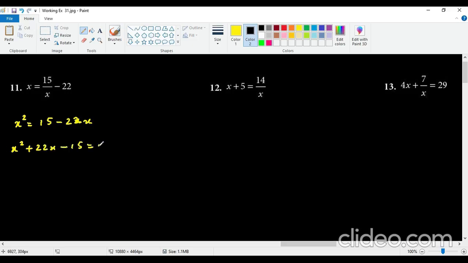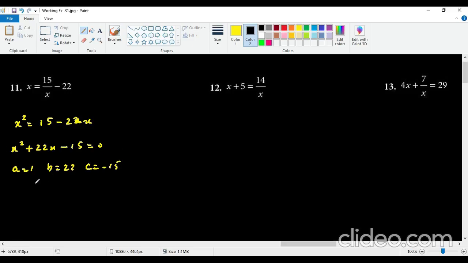For question number 11, as this cannot be factorized using the factorization method, we'll go for the quadratic formula in fact. So the value of a is 1, b is equal to 22, and c equals negative 15. First find out the discriminant.